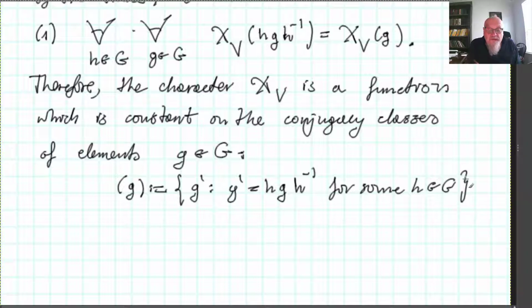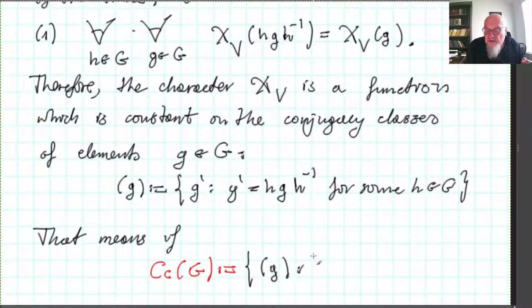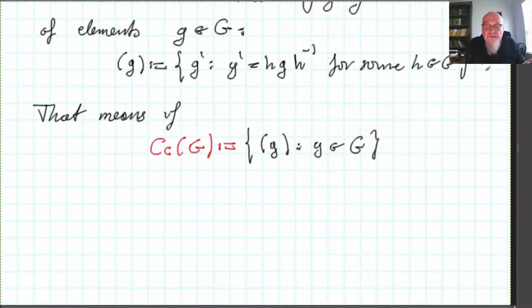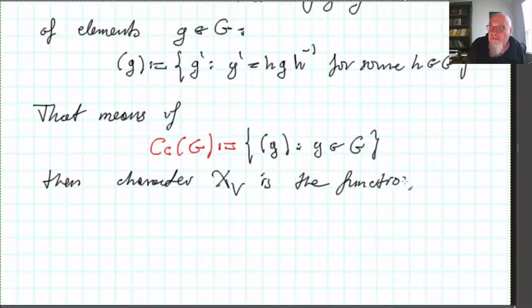So in such a case, let me write it down in red so it will be clear: C(G) denotes the conjugacy classes of the group G. By the definition, this is exactly the set of the conjugacy classes of g such that g belongs to G. Then the character χ_V is a well-defined function on these classes.